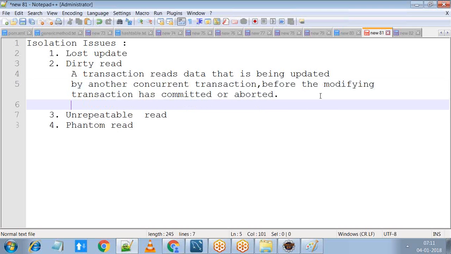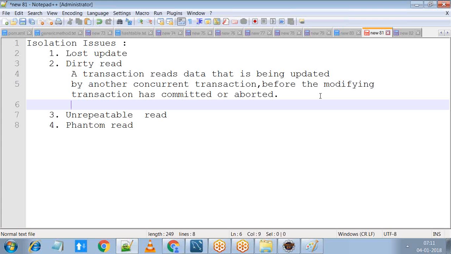You see, what is the problem if a transaction reads the data which is updated by another concurrent transaction before it commits or aborts? What could be the issue here? What do people think? That will be the stale data.